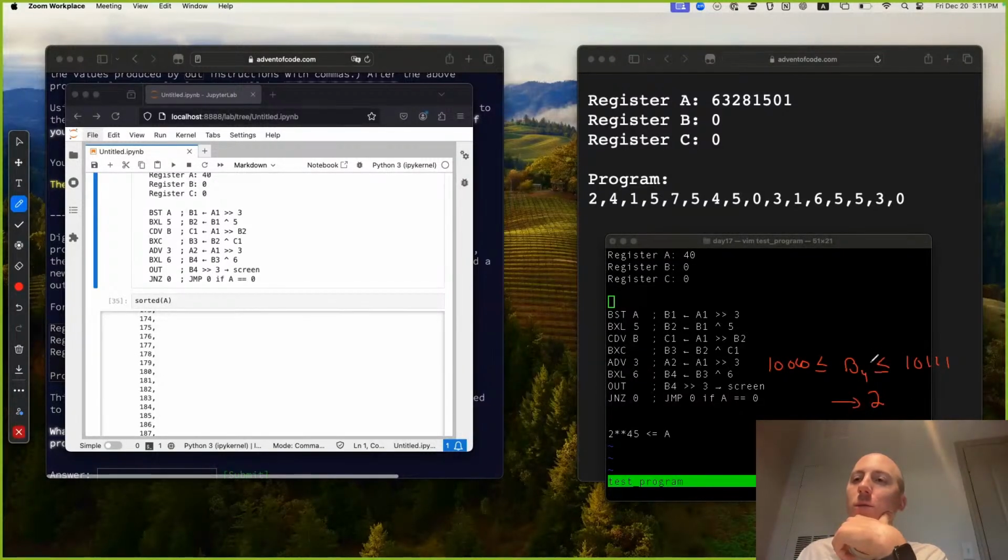So if B4 is in this set, and we know that B4 is equal to B3 XORed with 6, then if B3 XORed with 6 is in this set here, we will output a 2.